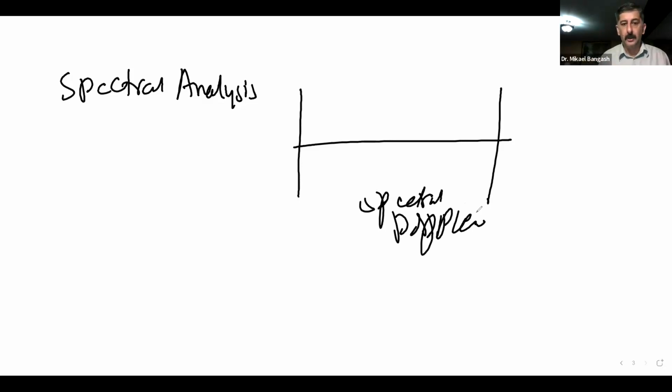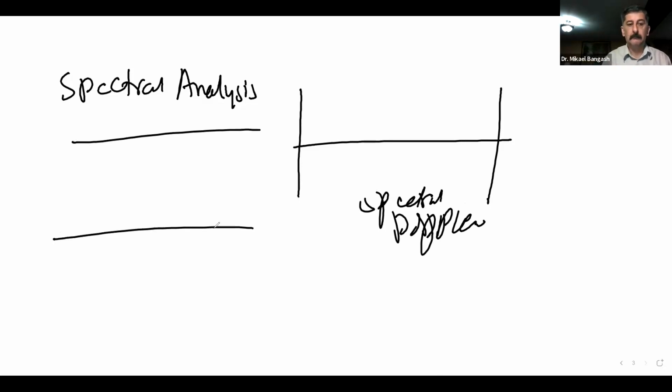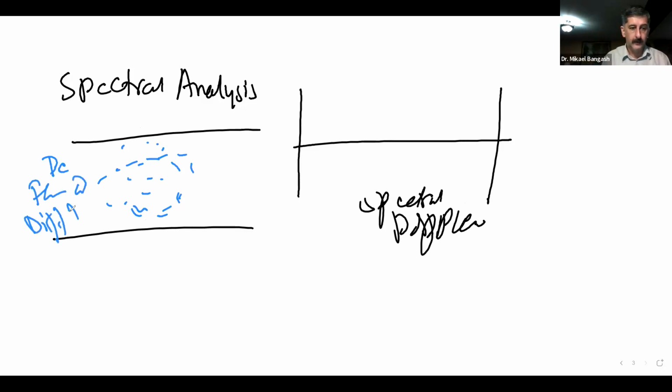Now what we already know is that within a blood vessel, at different points throughout the blood vessel, your blood is going to be flowing at different velocities.